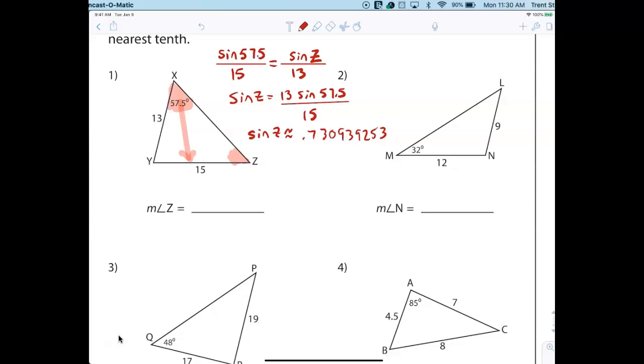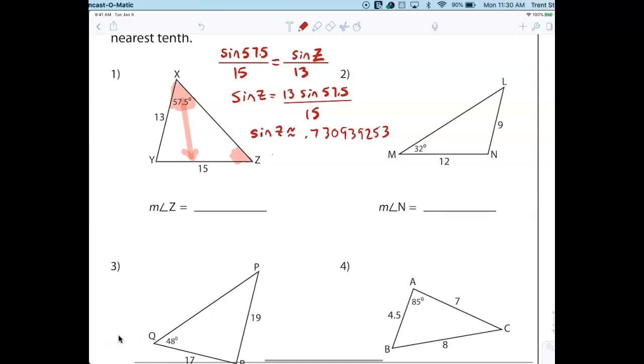So to find the angle, we say inverse. So Z is equal to inverse sine of 0.7309. But instead of putting all that, I'm just going to put inverse sine of the answer.